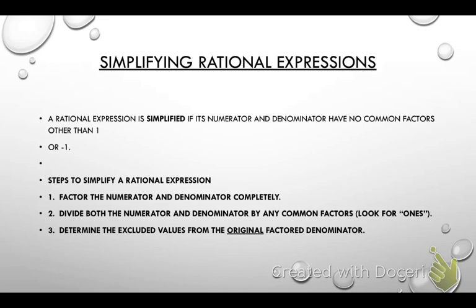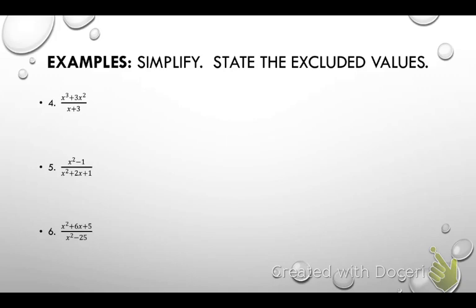So if I have x to the third plus 3x squared all over x plus 3, can I factor the top? What can I factor out of the top? X squared.